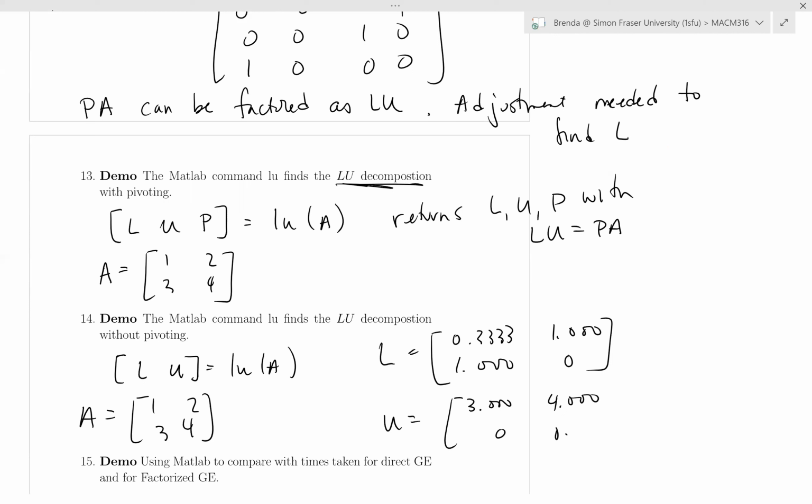As you can see, this is upper triangular and what else, not lower triangular. Be careful about what you're getting back out.